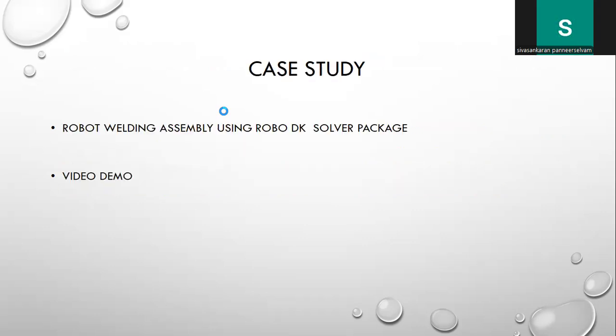Now, to understand this concept, let us have a practical case study using the Robotic Solver package by doing a small exercise, a simulation of a robot welding assembly line with a video demo.